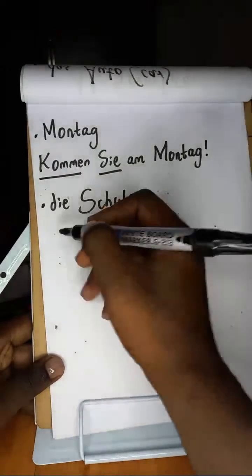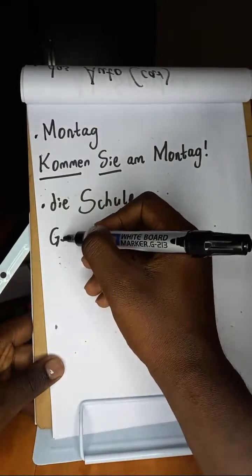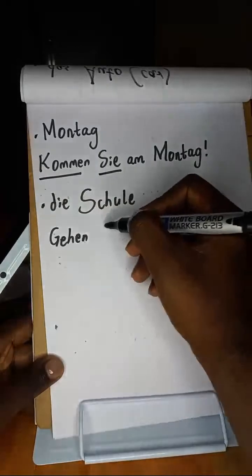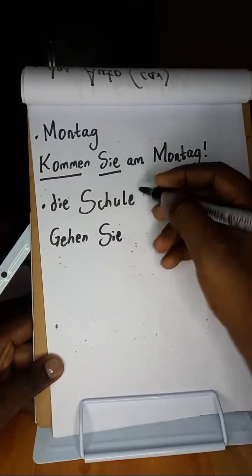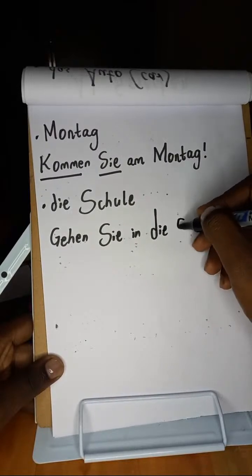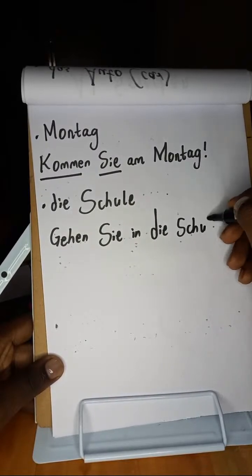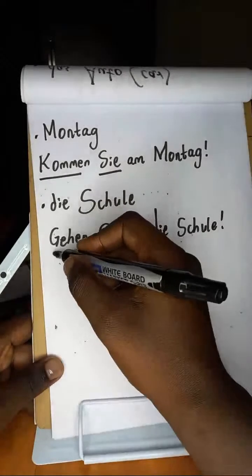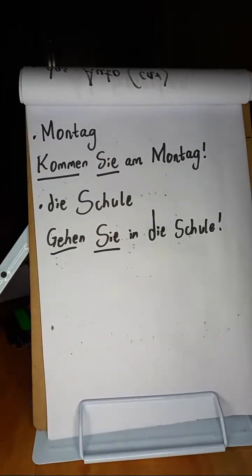You just say, gehen Sie in die Schule. Gehen Sie. So you're basically saying that the order is this. You're just beginning with your verb, and then you're following with your Z. As simple as that. All right.